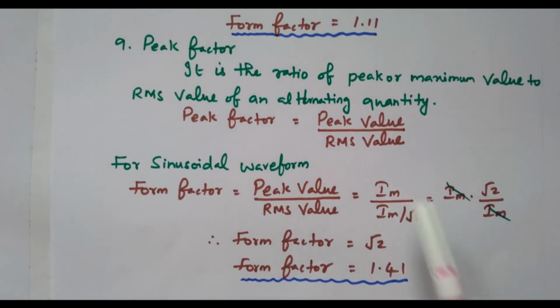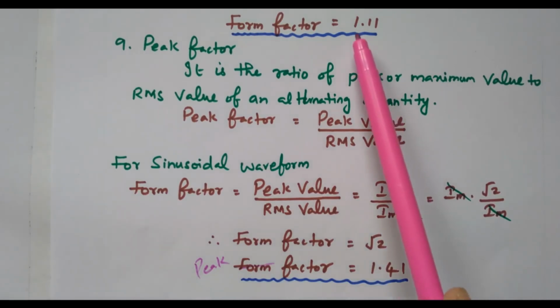So while going to the numerator, Im by root 2 becomes root 2 by Im. Im into root 2 by Im, so Im got cancelled. Only we have root 2. So the root 2 value is 1.41. So this is not the form factor, it's the peak factor. The peak factor for a sinusoidal waveform is 1.41.